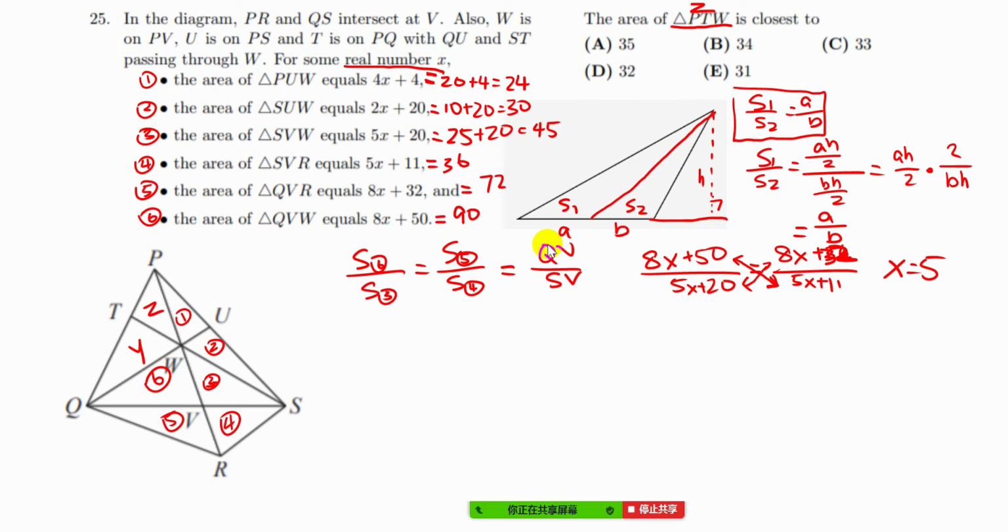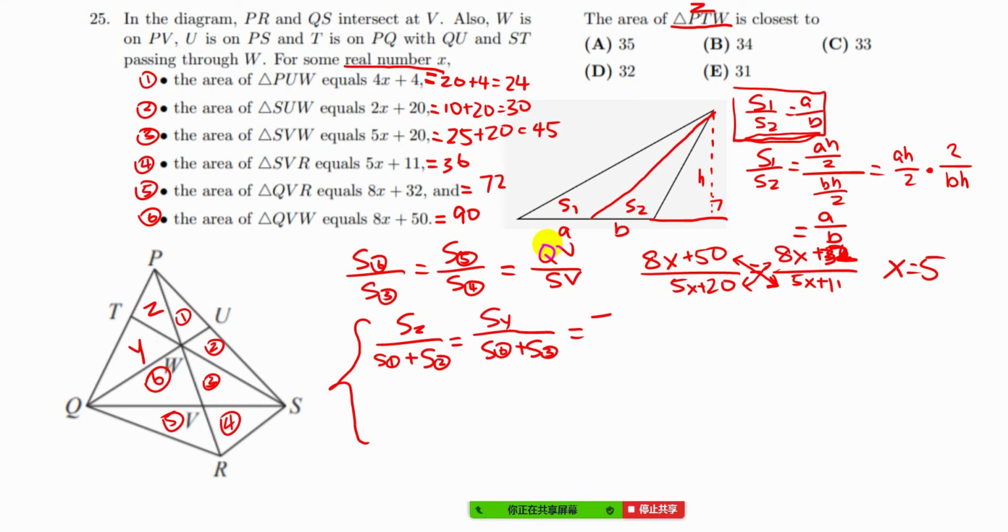And then we can still use the equation over here, which is S1 over S2 equals A over B. But we just need to find triangles that involve y and z. So for this one, we can do it like this. We need to find two pairs because there are two unknown numbers. So SZ over S1 plus S2 equals SY over S6 plus S3.